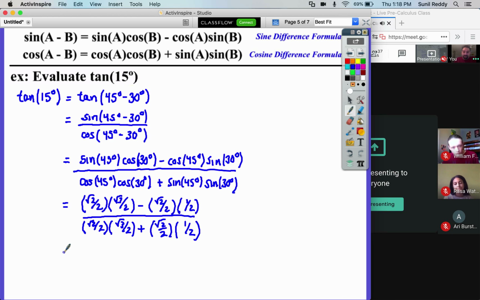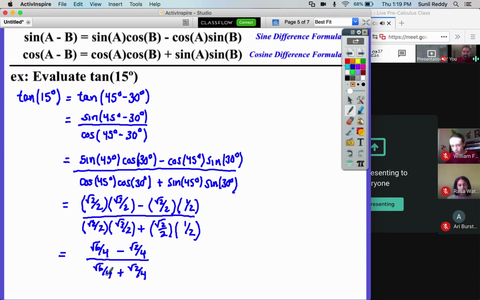So I'm going to keep simplifying. Root 2 over 2 times root 3 over 2 is root 6 over 4. Minus root 2 over 2 times 1/2 is root 2 over 4. All of that being divided by the same products here, so root 6 over 4 plus root 2 over 4. It's still illegal to cancel because we still have subtraction and addition.